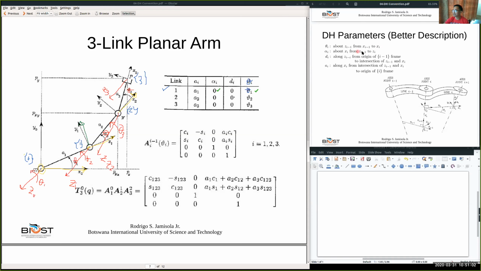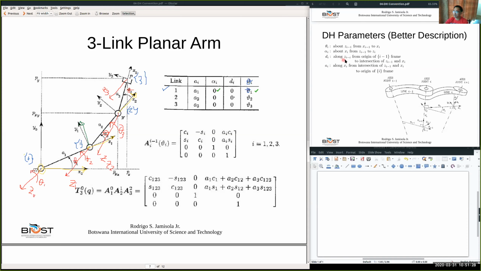This is a better analogy now because we specify the axis of rotation and from one axis to the next axis. This is more pronounced when we look at distances, because distances are normally difficult to interpret. So d1 and a1 are distances.